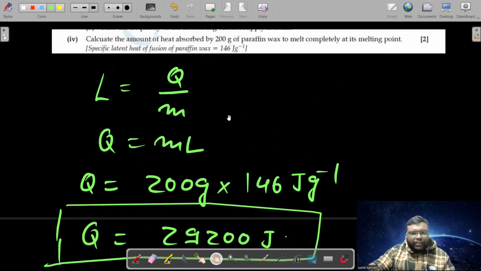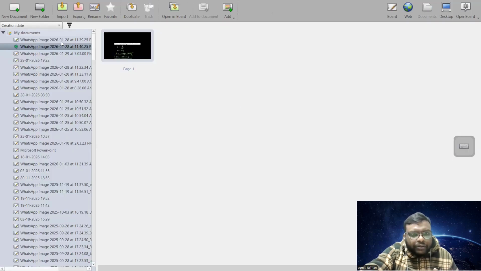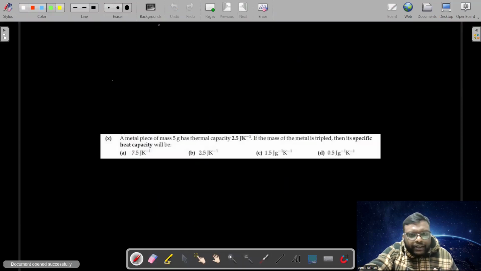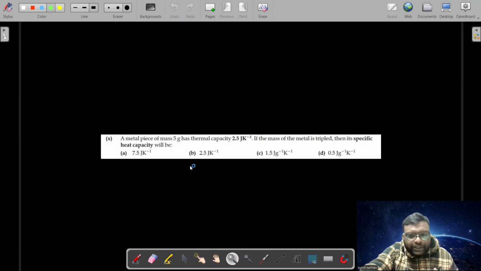Now we'll solve one more problem, and this is the last problem of today's class. Let me upload the problem. This problem was in MCQ form.